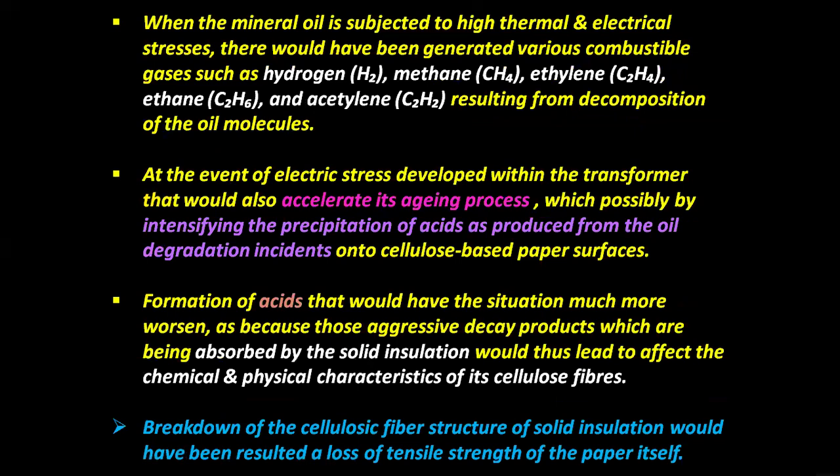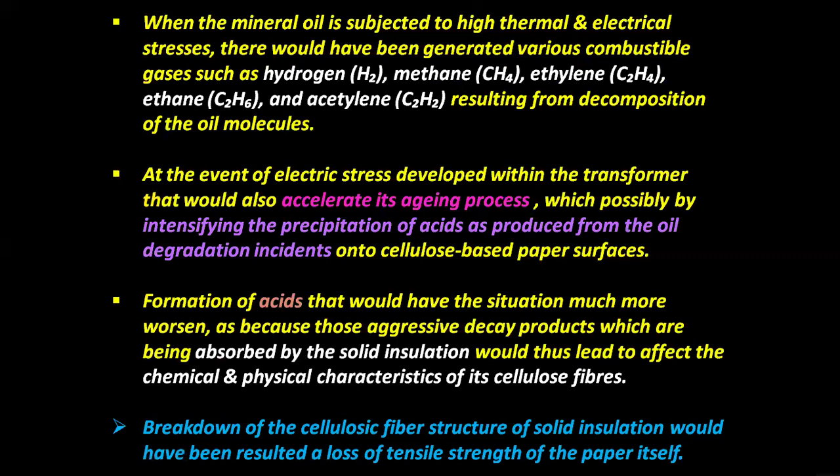When mineral oil is subjected to high thermal and electrical stresses, various combustible gases are generated, such as hydrogen, methane, ethylene, ethane, and acetylene, resulting from the decomposition of the oil molecules.